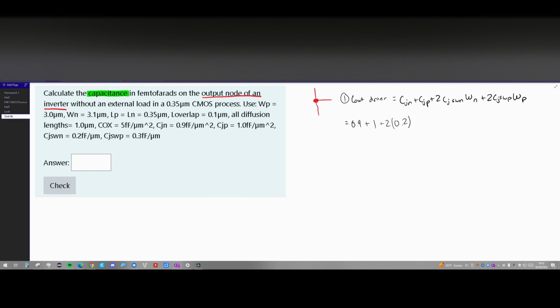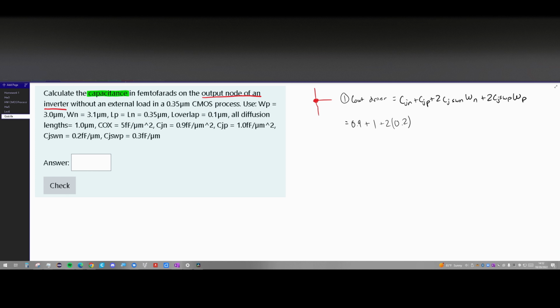We want this in femtofarads. That's very important right here. We're not actually going to be changing anything because we're given everything in femtofarads. Our Wn and our Wp are given in micrometers, but that's okay because it's going to combine with this right here. We already have the femto, so we can add them all together.